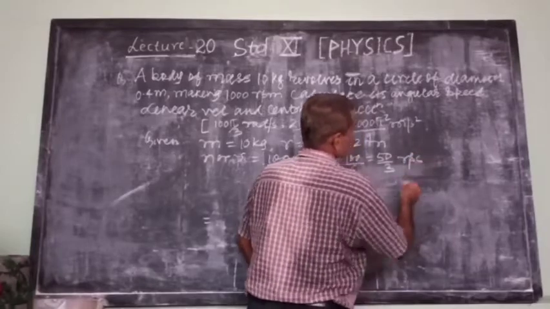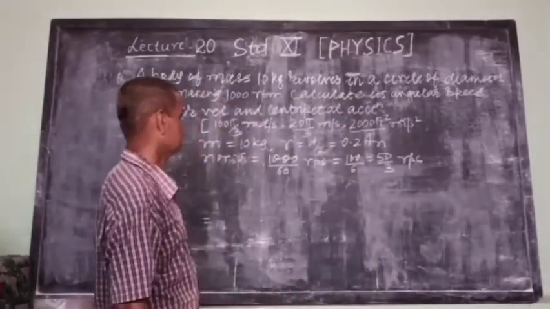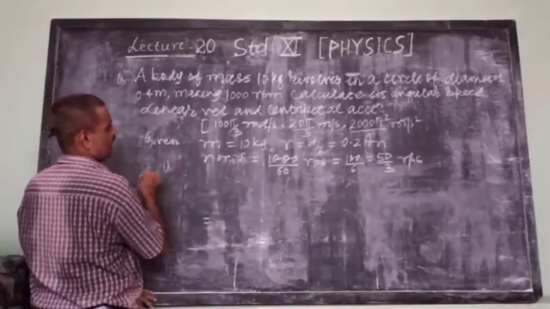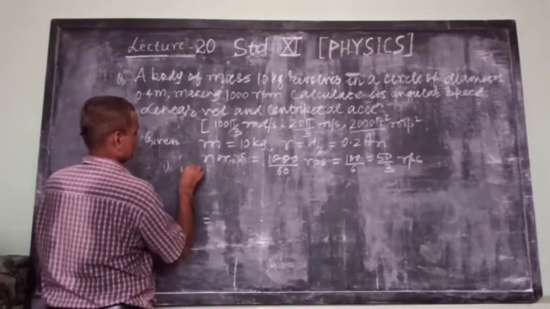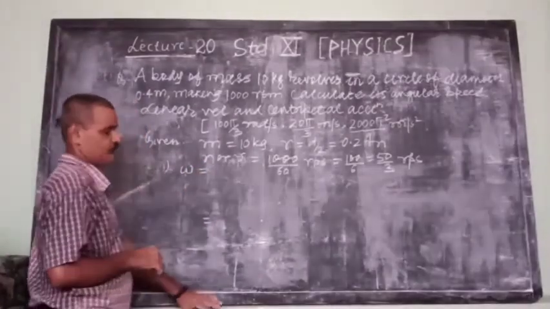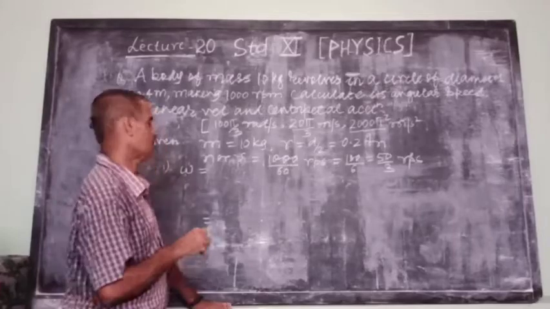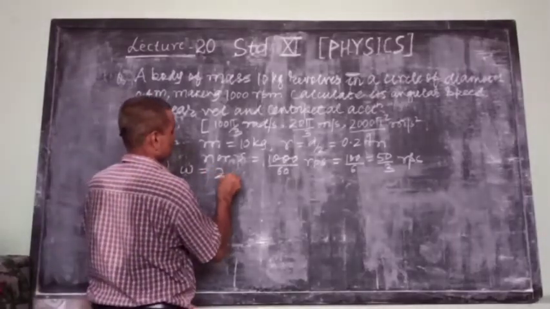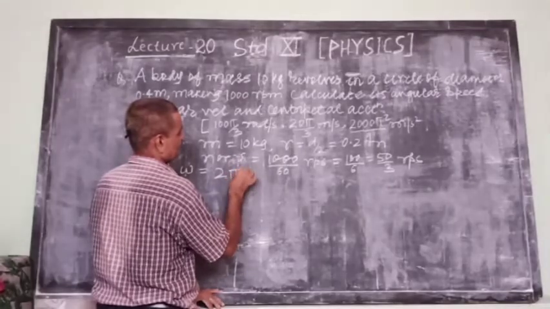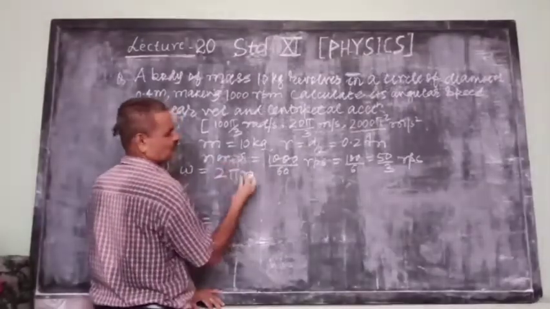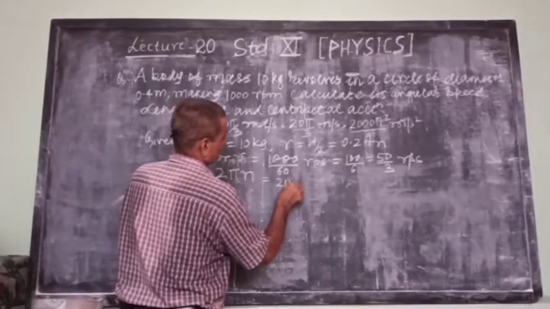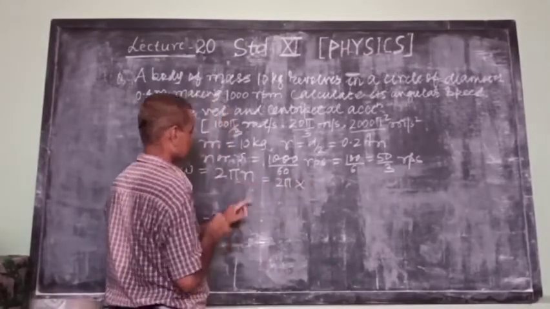RPS, revolution per second. The first demand of the question is angular speed. It is denoted by omega. The formula of omega: the path is circular, so omega is 2 pi n. You can write 2 pi n or 2 pi nu. So 2 pi multiplied by n.